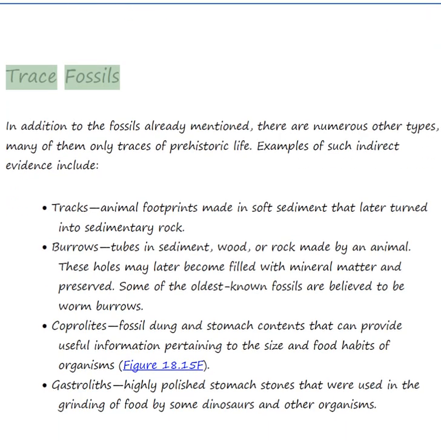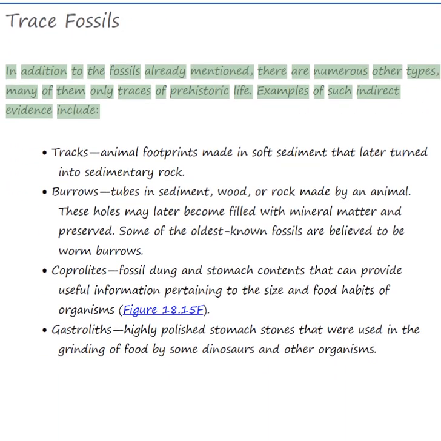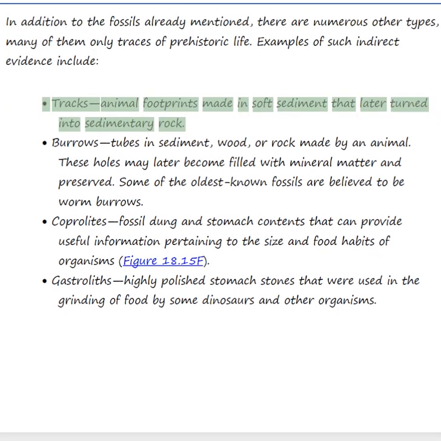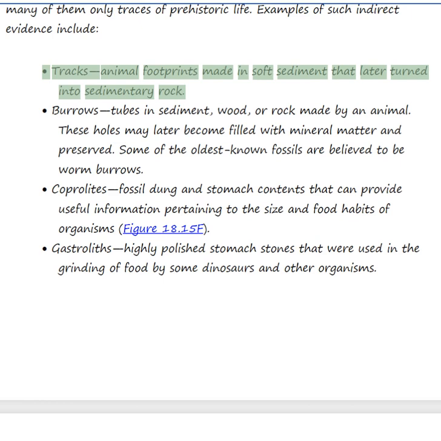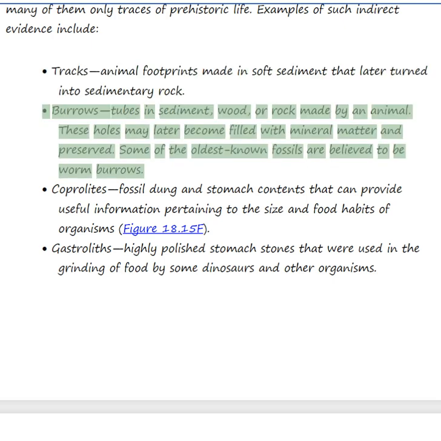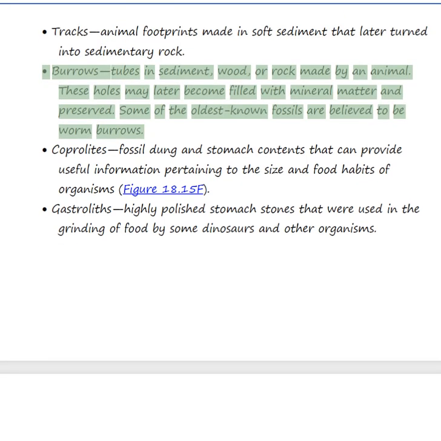Trace fossils. In addition to the fossils already mentioned, there are numerous other types, many of them only traces of prehistoric life. Examples of such indirect evidence include tracks, animal footprints made in soft sediment that later turned into sedimentary rock. Burrows, tubes in sediment, wood, or rock made by an animal.